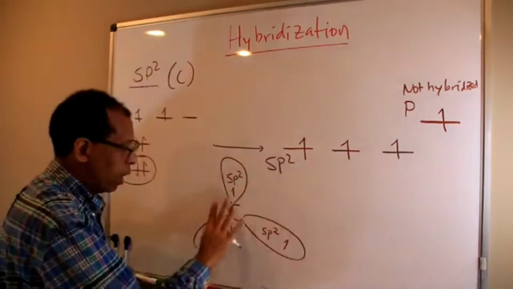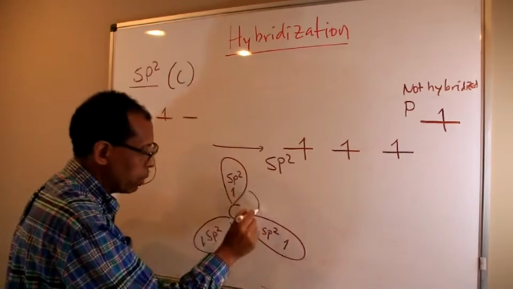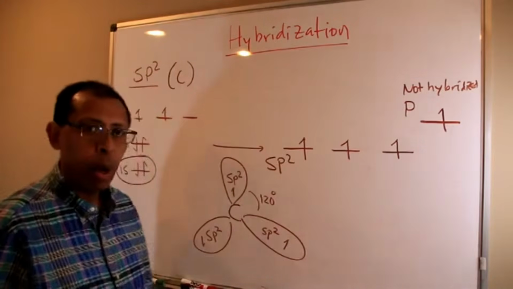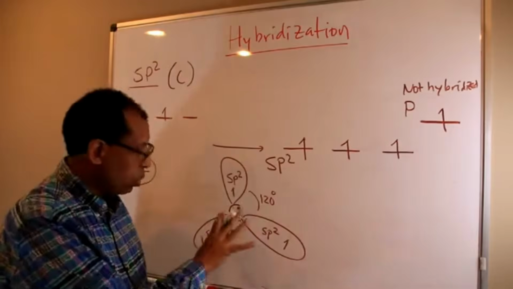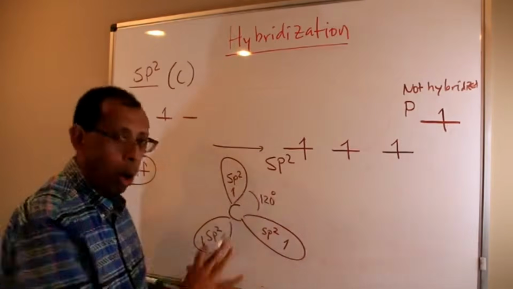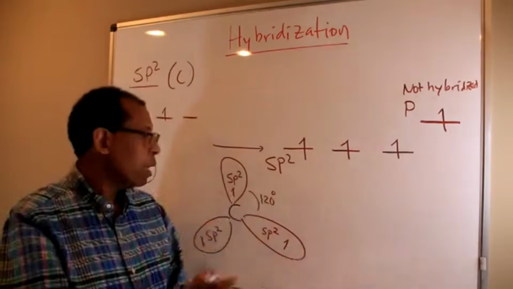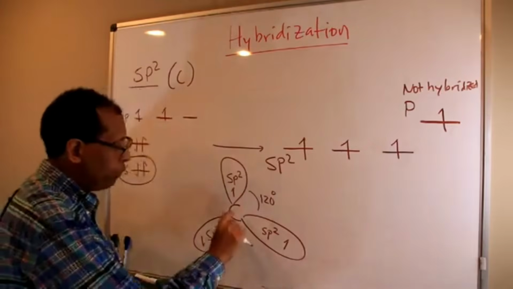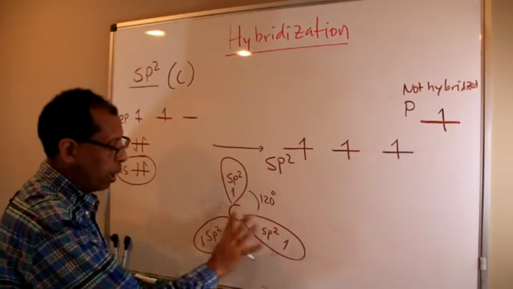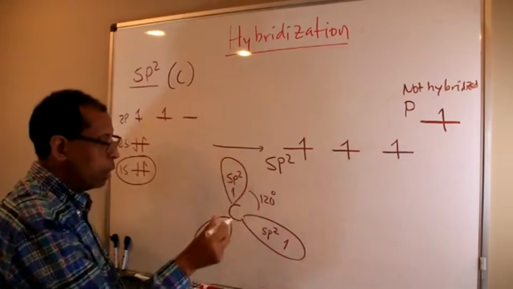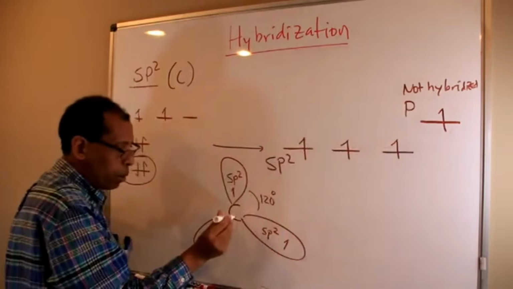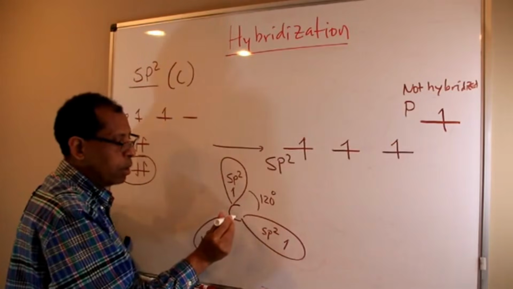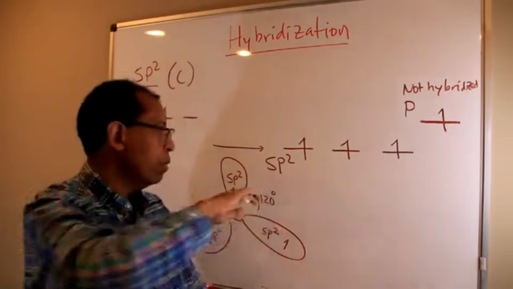The sp2 orbitals are aligned at 120 degrees. Remember, for sp3 we said it is 109. For sp2 configuration, since there are 3 lobes, they are in space at 120 degrees. Remember that. Now, if we consider all of the sp2s are on the plane of the board, there would be the p orbital perpendicular to the plane of the board. What it means is it's 90 degrees to the sp2.